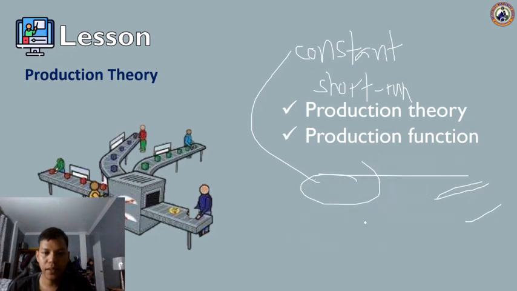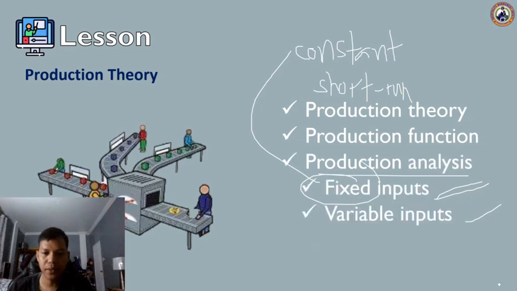And for the variable cost, variable inputs, these are the resources which can be changed in the short or long run. From the word variable or variance, the synonym here is change.